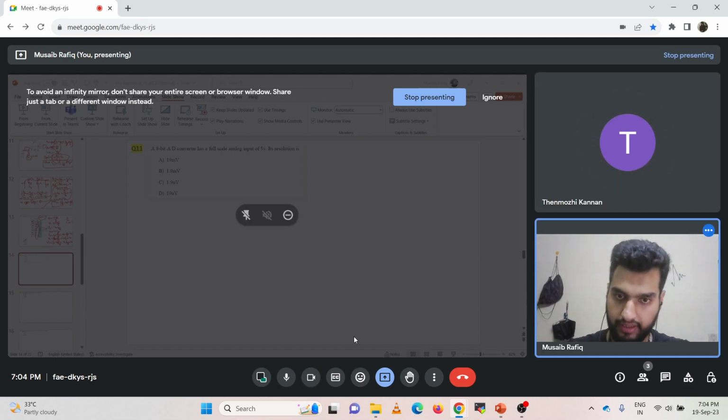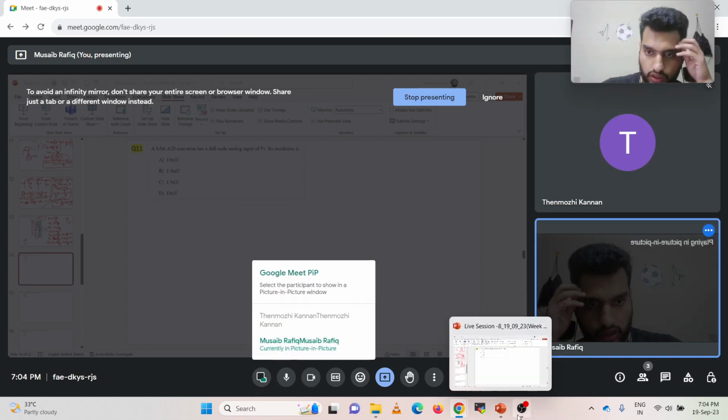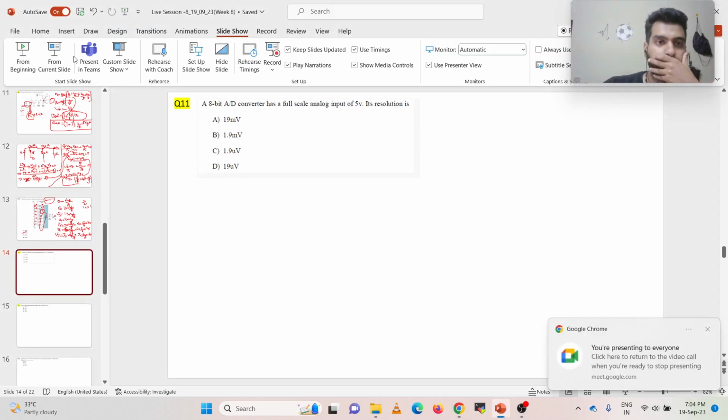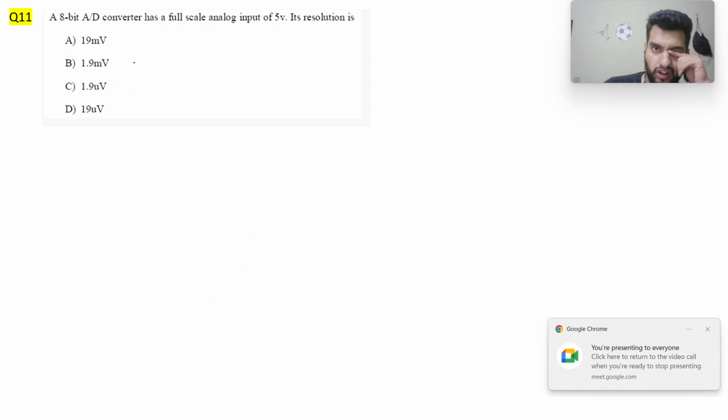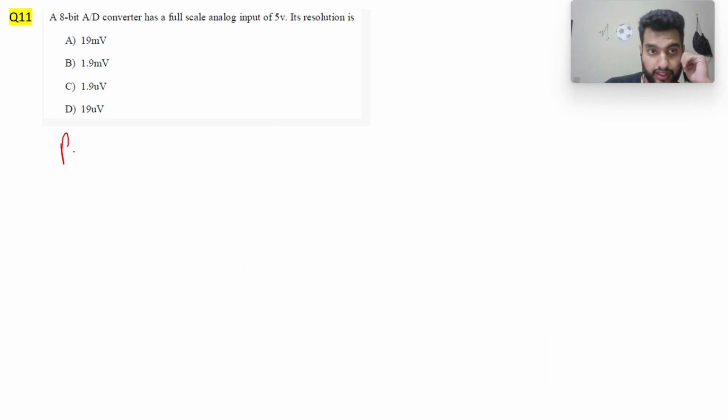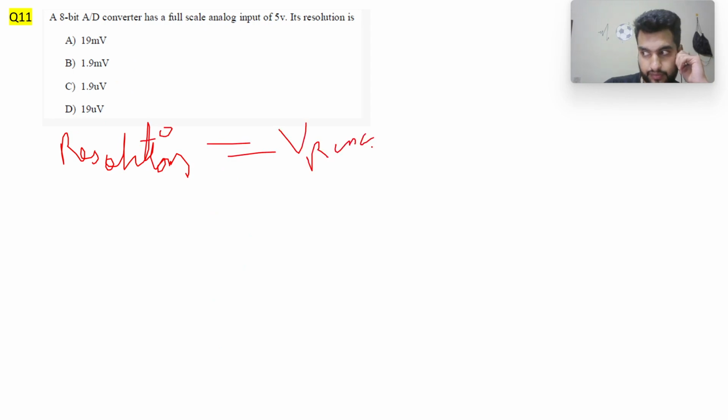Right. Yeah, that's correct. So how do we do it? So we have this 8-bit ADC having a full scale input of 5 volts. So we'll just write the resolution is equal to V range by 2 raised to power n.